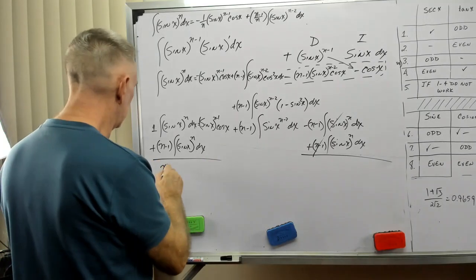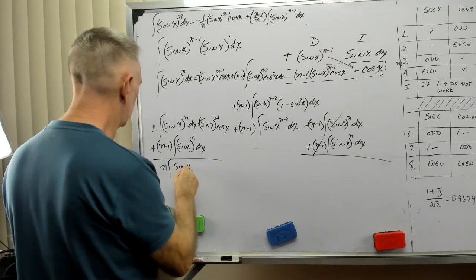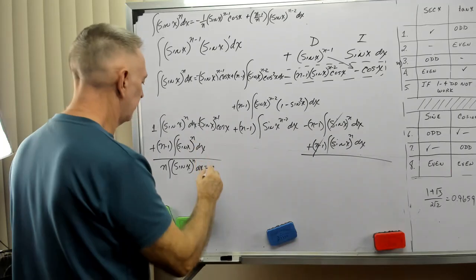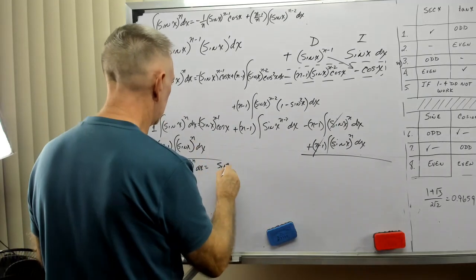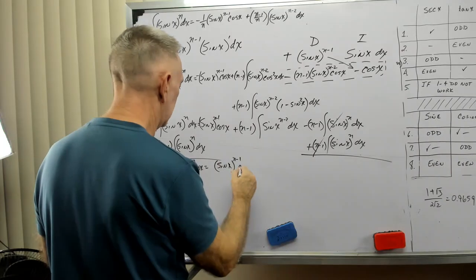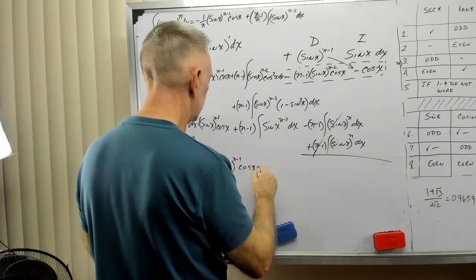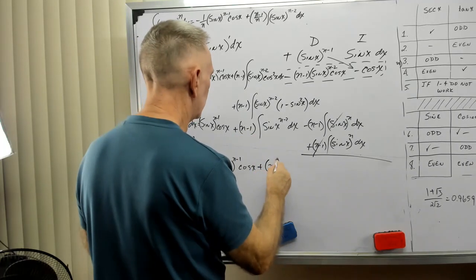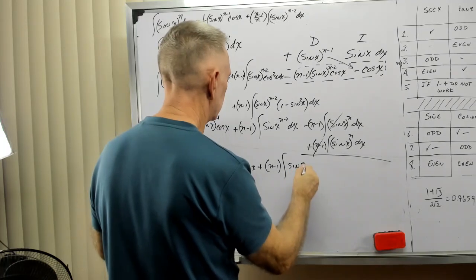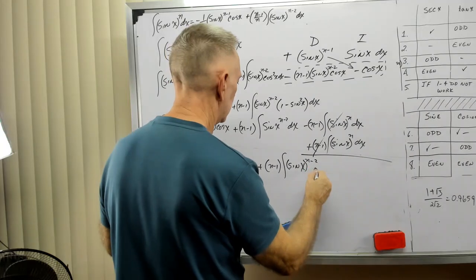So I have n times the integral of sine x raised to the nth power dx equals sine x to the n minus 1 cosine x plus n minus 1 integral sine x to the n minus 2 dx.